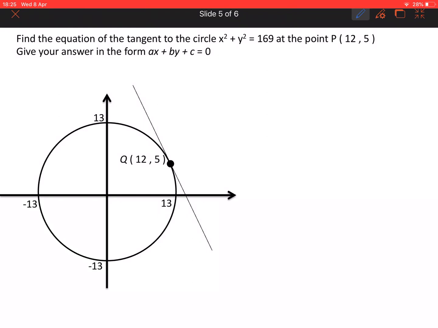So the steps again. I'm going to find the gradient of my radius. So my y difference is 5. My x difference is 12. So my gradient of my radius is the y difference divided by the x difference, which is 5 over 12.